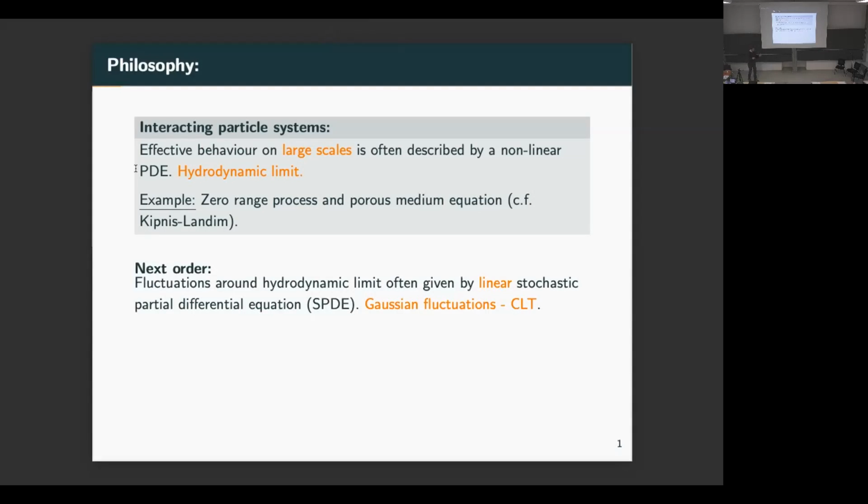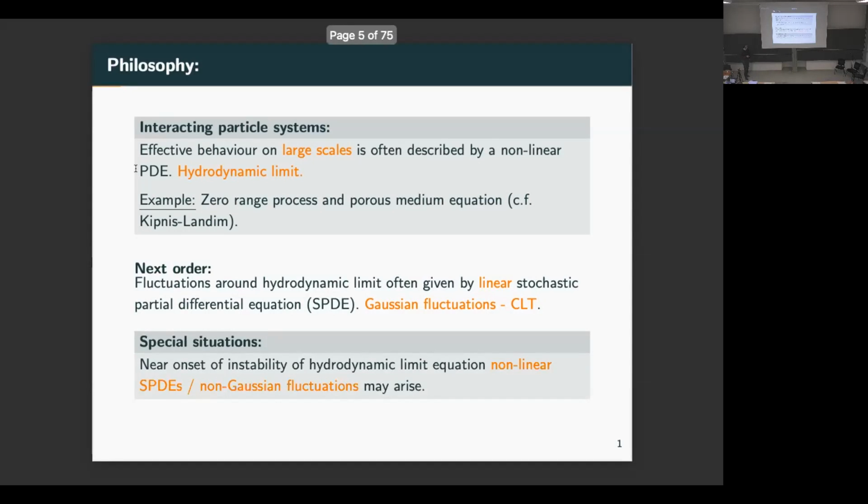And then what people do next is, when you're interested in the fluctuations around this deterministic behavior, very often you see a linear stochastic PDE. This is often given by the linearization of this hydrodynamic limit. This is the law of large numbers, and this is the Gaussian CLT.